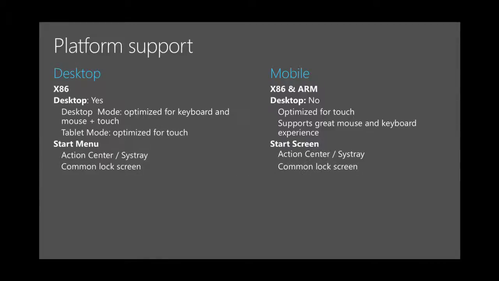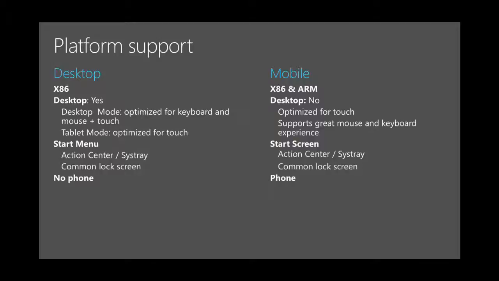And then the start menu, obviously, is something that is coming back to the desktop. And the start screen is something that is remaining on the mobile environment. It doesn't have a start menu at all. It only has a start screen. Looks a little bit like tablet mode. If you install Windows 10 on a tablet, you'll have tablet mode. So it's immersive, no chrome, those kind of things, right? So a desktop doesn't have phone functionality. A mobile will support phone functionality.